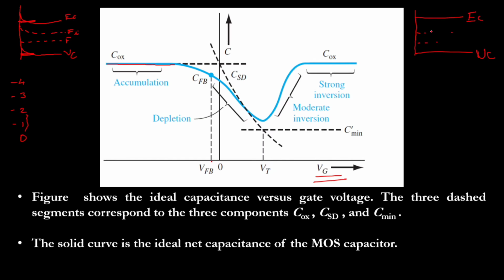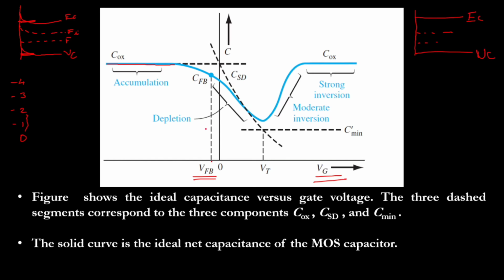There is no bending of the energy band, that is a flat band. Somewhere here, if I apply a small negative voltage, I will get a flat band, and respectively there will be capacitance. We will see the expression for that. There is one expression, I am going to write the expression directly, not interested in deriving that.